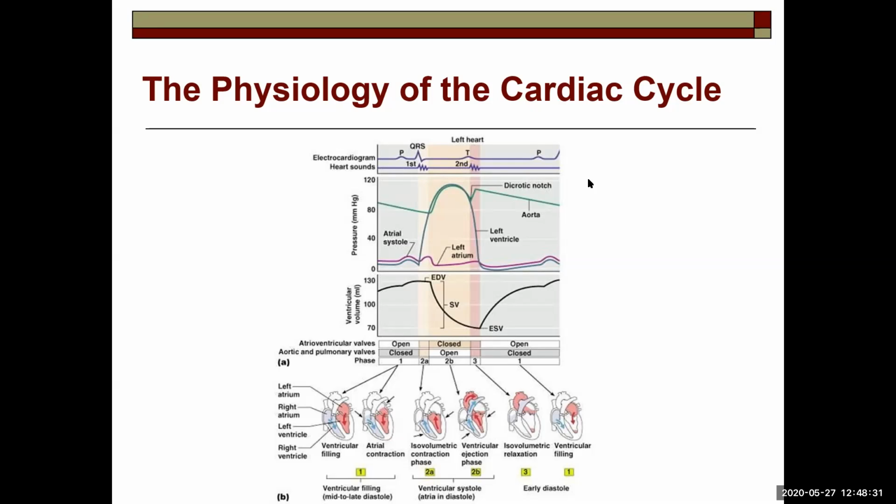If you remember, the first sound is the closure of the atrioventricular valves, the tricuspid and the mitral valve. Then the second heart sound comes when the semilunar valves close. So these are the locations for them.